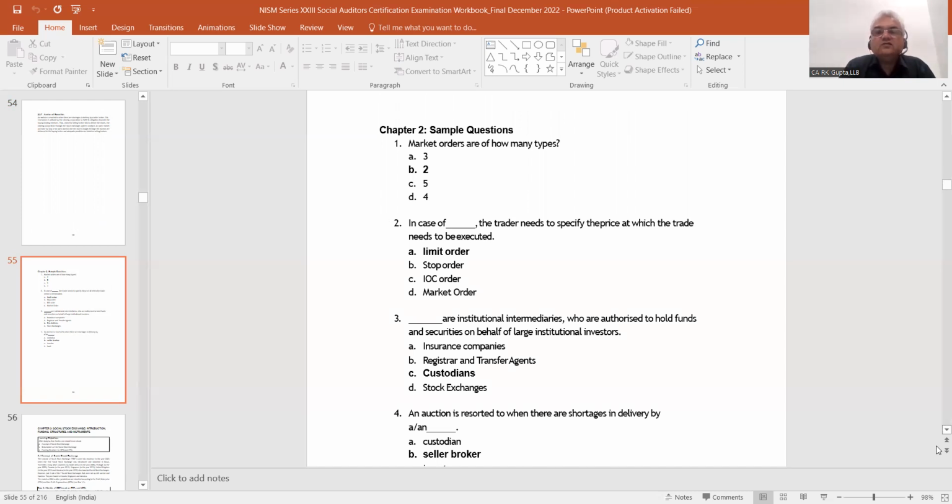So market orders are of how many types? So there are 2 types of orders. What type of orders are there? Limit order and stop order. 3 types. Any other option?